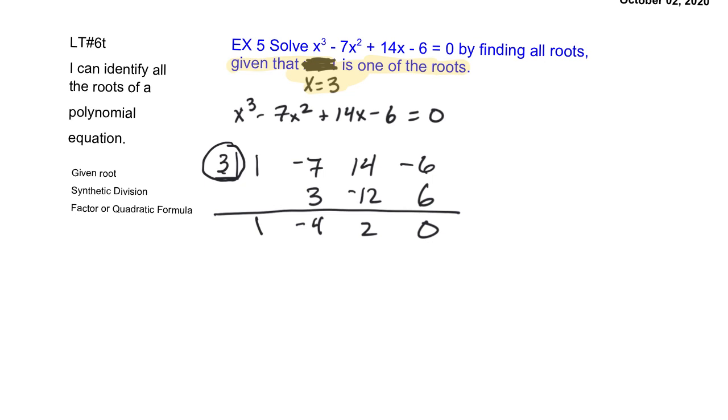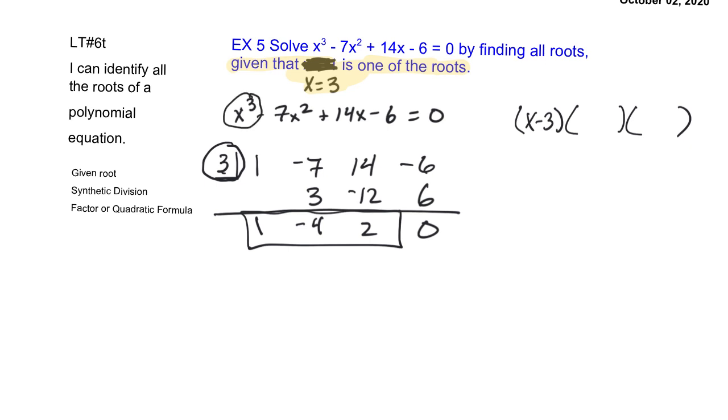Okay? Now, what that means is I already have 3 as an answer, which means I have x minus 3 as a factor. This is a cubic problem, so I'm trying to get 2 more factors so that I can get 3 answers. Well, I can use what I have as a result of my division.